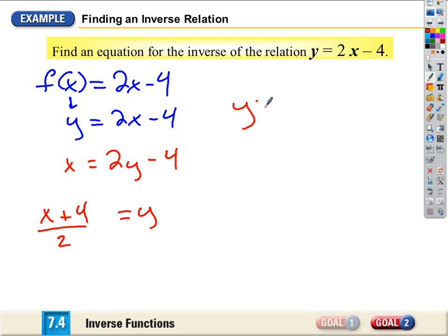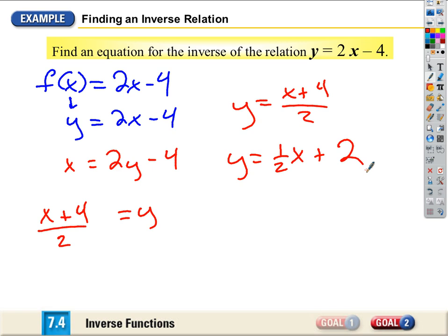Right? And if I want to split that up into two separate terms and make it look like mx plus b, I can do that too. I could just make that 1/2 x plus, what if I split it into two separate fractions? X over 2 becomes 1/2 x. What's 4 over 2? 2.